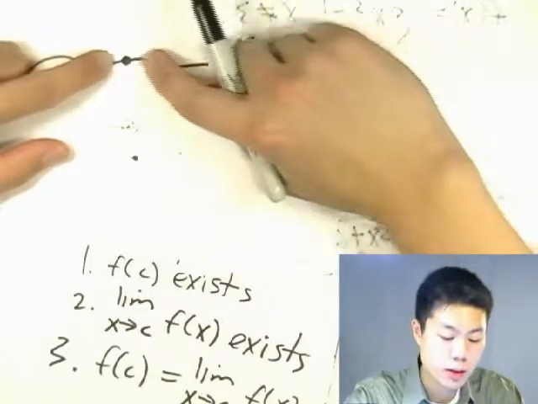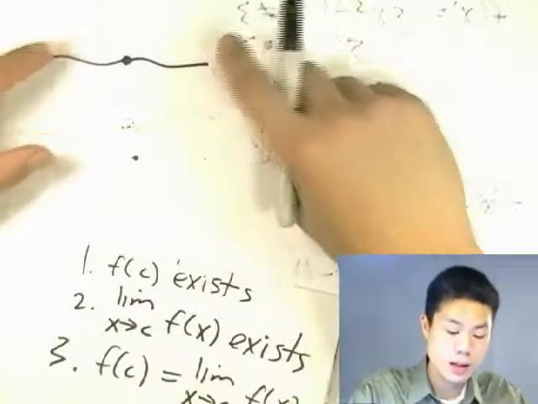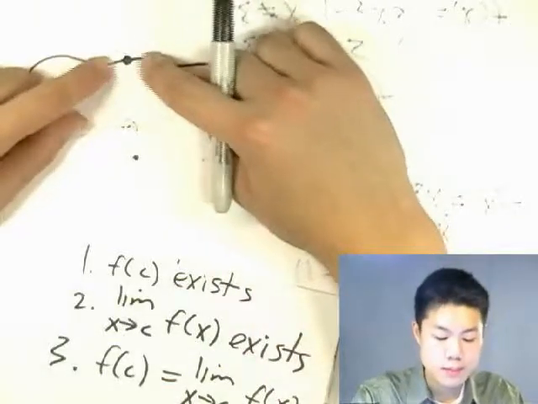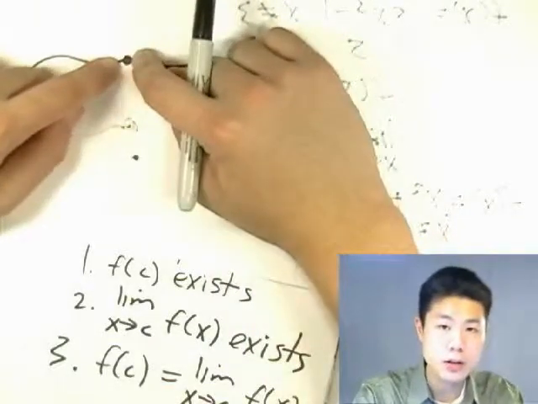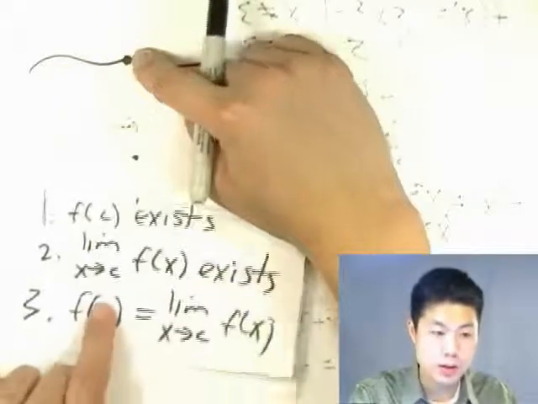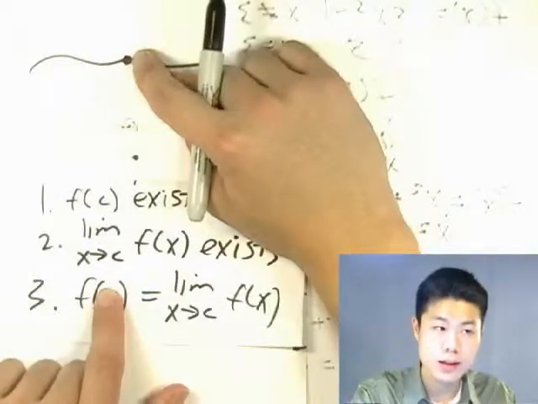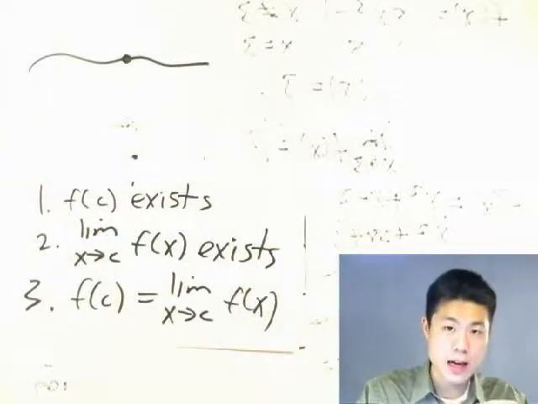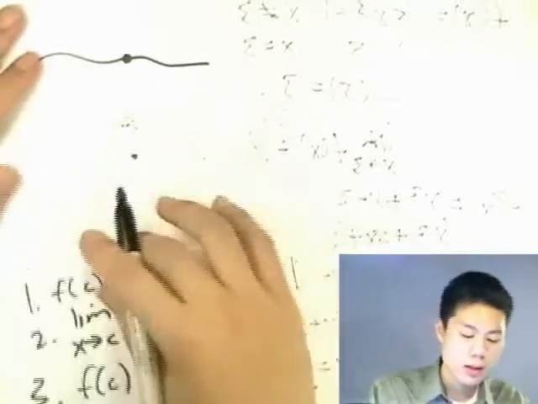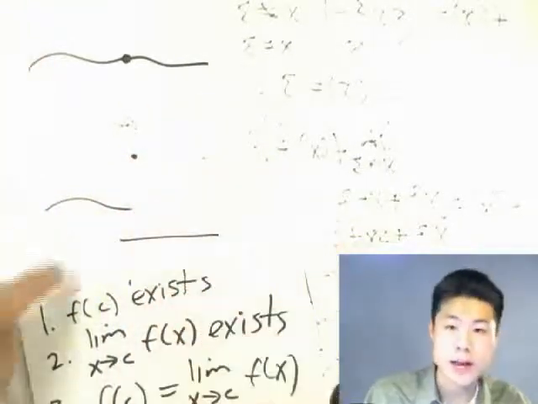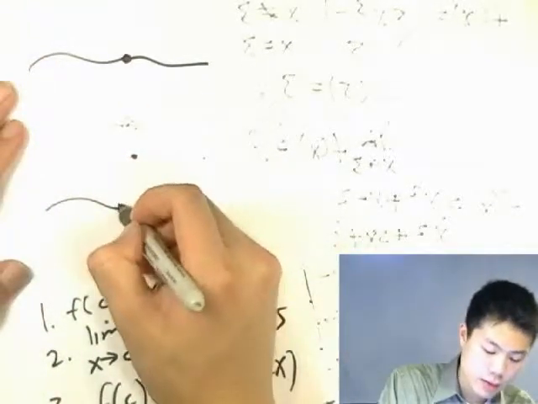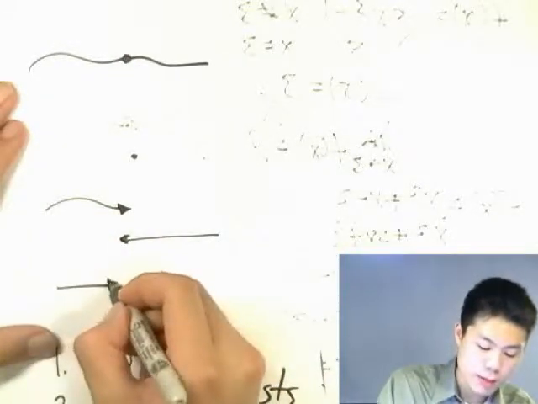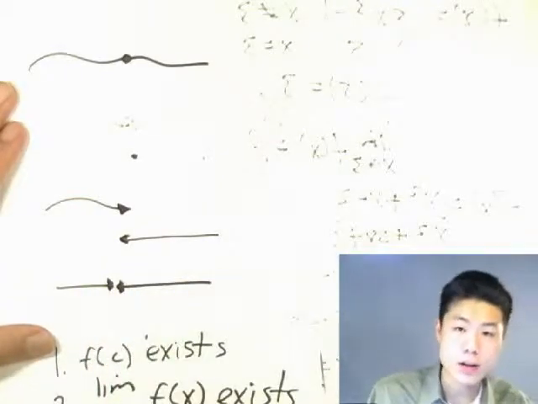So if they equal each other, that means that the function is going to be meeting around x equals 3. Let me rephrase that. If the limit does exist, that means that there's not going to be a break. So if the limit does exist, that means that this thing's not going to happen, right? We're not going to have a function coming this way here and this way here.